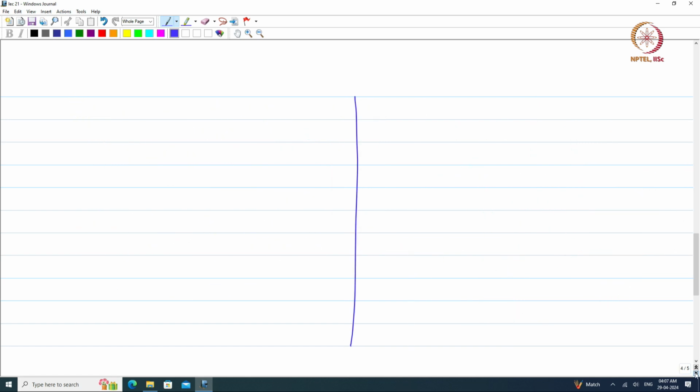We are going to say that if, let me say, A1, A2 and A3, that is, the A1 vector is basically the first column of the matrix A, which is A11, A21, A31.